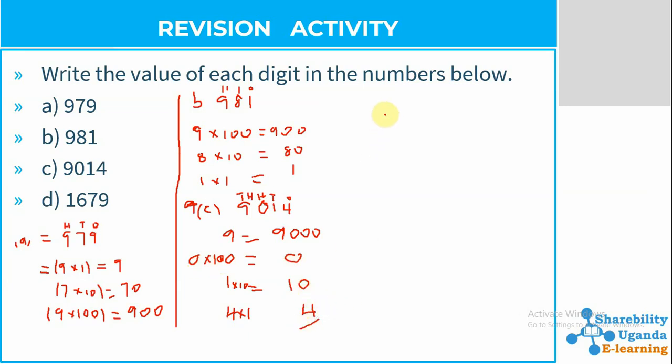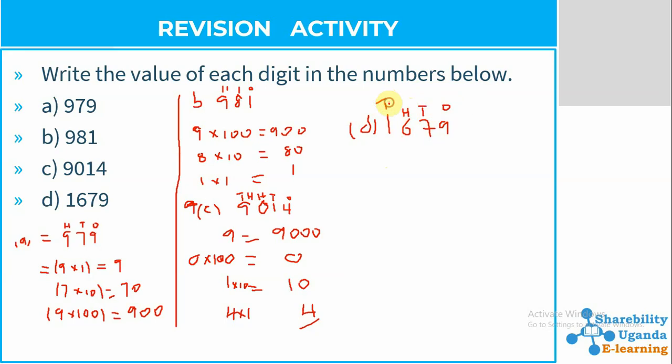So also when you come to our 16 here, I mean our part D. This is our part D, please. Our part D is 1679. So also here, our 9 is in ones, tens, then hundreds, then thousands.